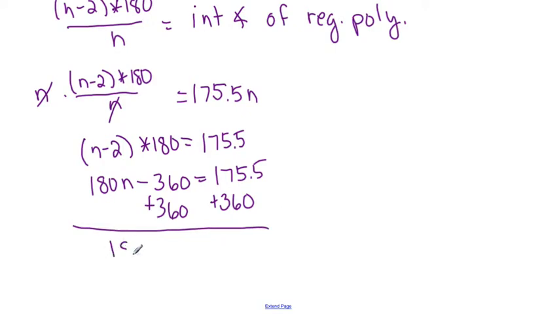To get 180n equals, well, I got to add 360 to 175.5. And let's see, I'll get 0.5 here. 5, 7 plus 6 is 13. 535.5.